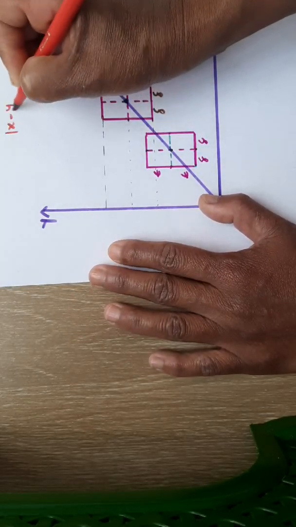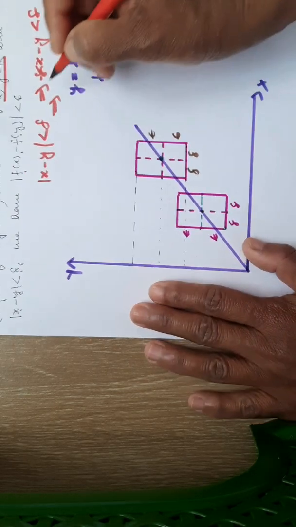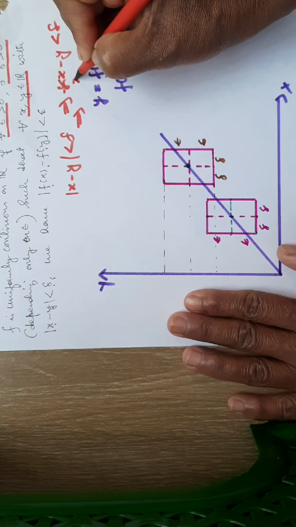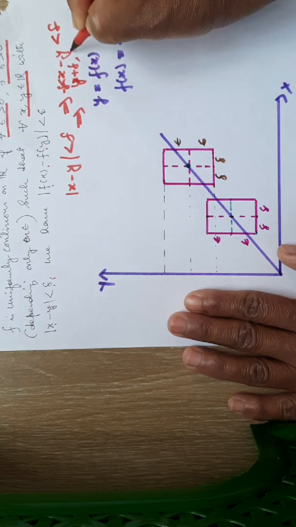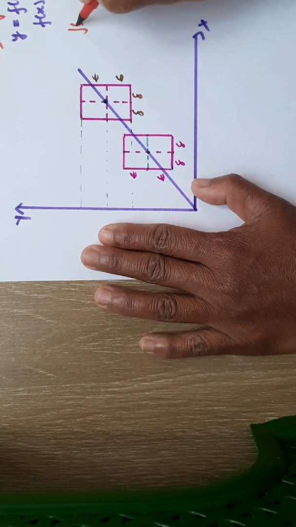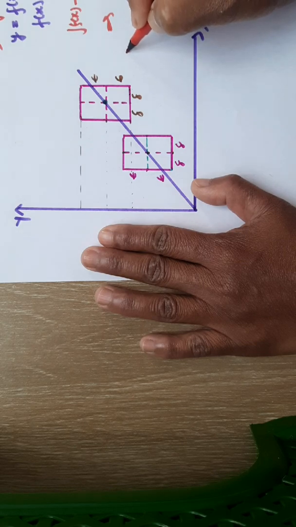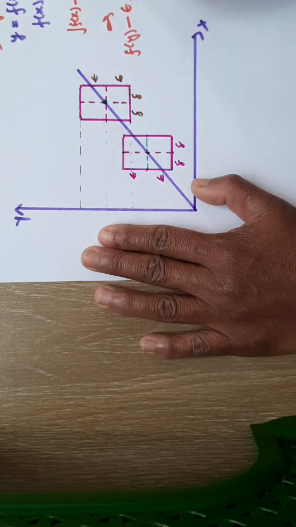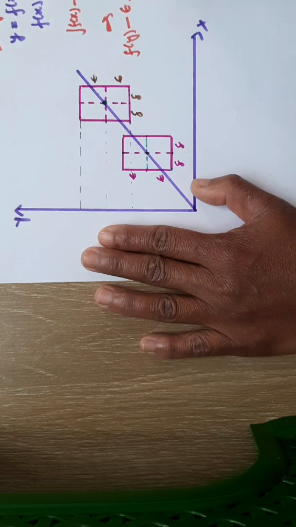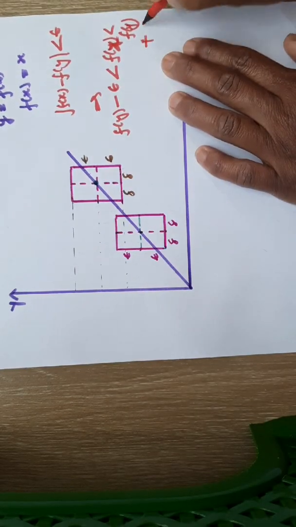Now mod x minus y less than delta implies that x minus y is greater than minus delta and less than delta, and this implies that x lies between y minus delta and y plus delta. Then mod f(x) minus f(y) less than epsilon implies that f(y) minus epsilon is less than f(x) less than f(y) plus epsilon.